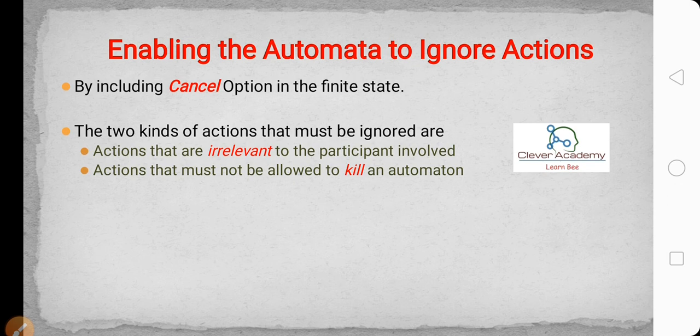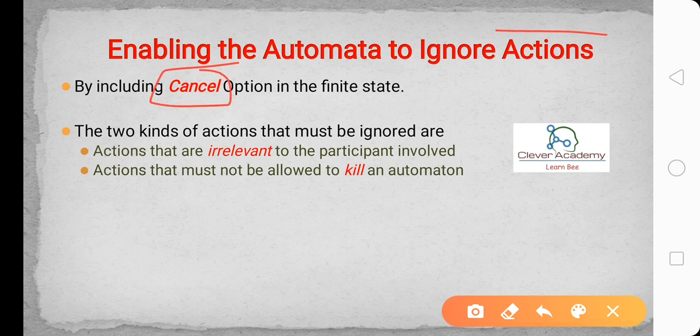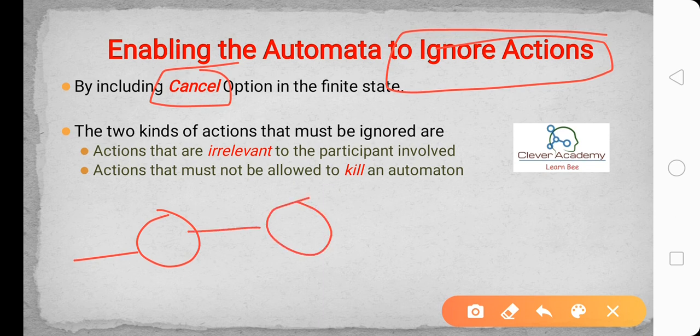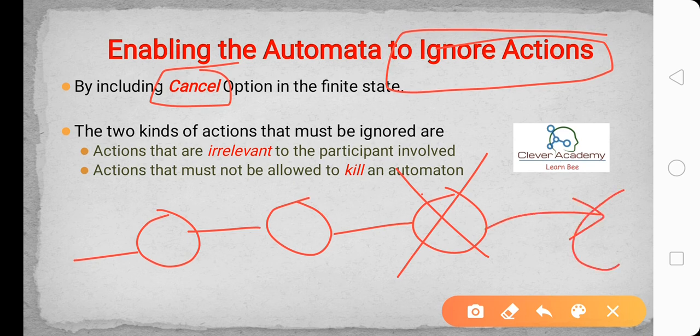Another example, the same example. Suppose I want to include an option in each and every state, an option called cancel. We are going to call it ignore actions. Whenever I am moving from one state to another state, at a particular state I want to ignore something and move further.